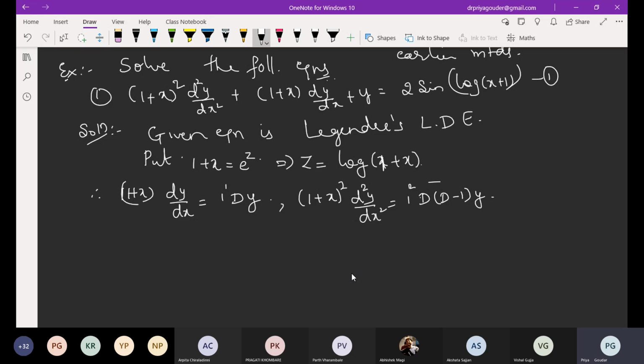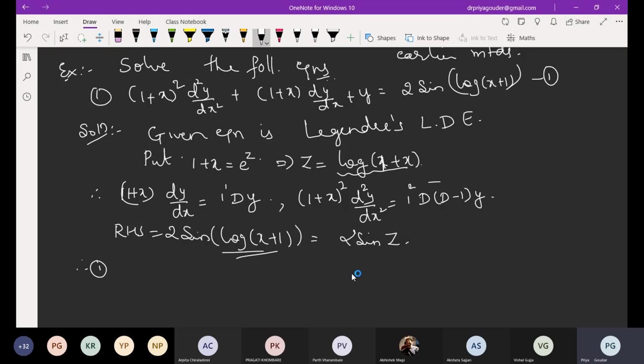Now the RHS part also we can take easily. There is no problem. RHS is 2 sine of log of x plus 1, which is sine of, okay, what is log of x plus 1? Just check. Isn't it z? It was looking so complicated, it is converted to a simple one. Now let us substitute all these changes in equation 1.